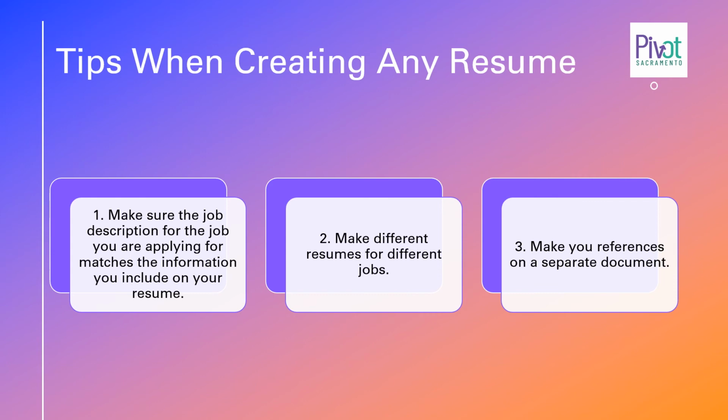Then you want to make a separate janitorial resume, and you want to use the information that you have for janitorial just included on that resume. Then the next resume that you will make, or a separate resume that you will make, it would be for fashion design, and you include all the details for a fashion designer on that. And you just go and do that for other resumes.